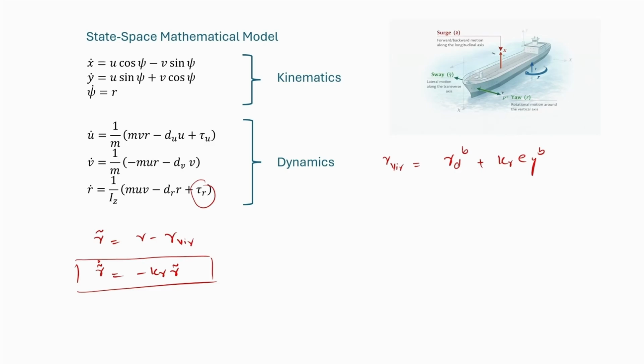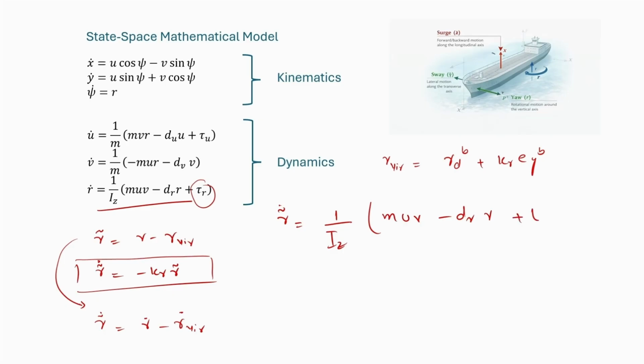If we can achieve this, we will be able to finalize our controller. So taking the derivative of R tilde, this becomes R dot minus R virtual dot. Then we substitute this R dot. So this will be 1 over Iz, we know this from this equation, M U V minus dr R, right, plus tau R. And then we have this derivative of virtual R, right?